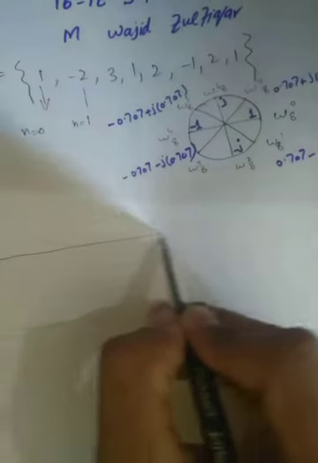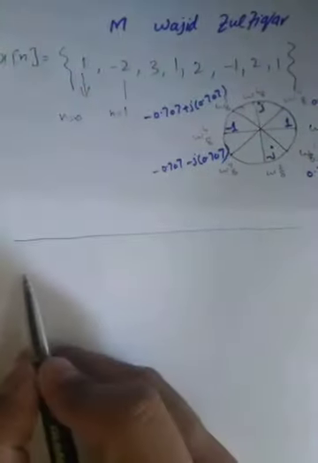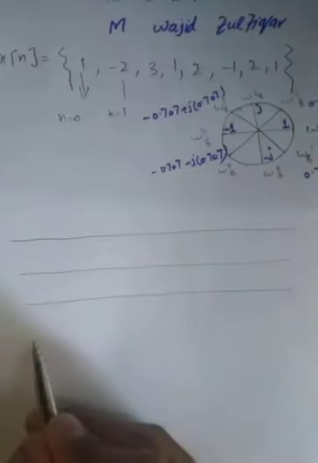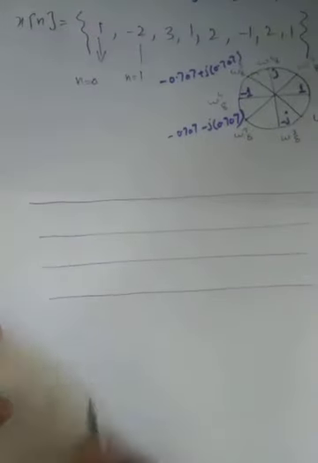First of all, for each sample I will draw 8 lines: 1, 2, 3, 4. These 4 are for even, and then the next 4 lines for odd: 1, 2, 3, 4.